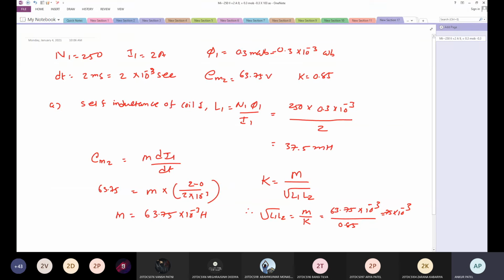So I can write by removing this under root, L1 into L2 is equal to 75 into 10 raised to minus 3 whole square. Okay. Now we have L1. Find out L2. So L2 equal to 75 into 10 raised to minus 3 whole square divided by 37.5 into 10 raised to minus 3.